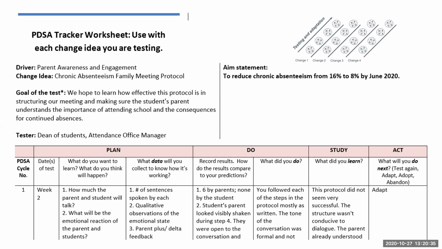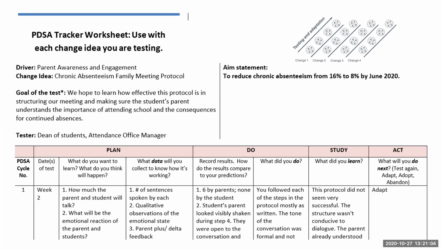And in that example, they create a chronic absenteeism family meeting protocol. And that protocol is meant to address the driver of parent awareness and engagement in order to help solve the problem of chronic absenteeism and make progress towards the aim statement of reducing chronic absenteeism from 16 to 18%. So basically cutting it in half.